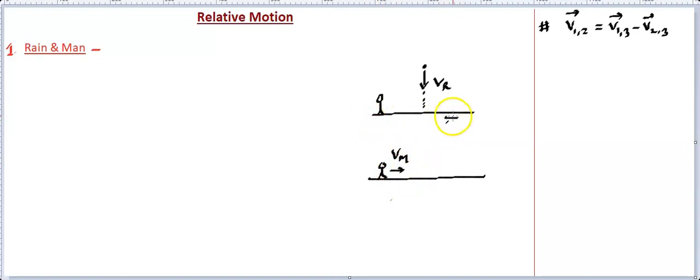Your observation in real life must have been that if you start moving in one direction, maybe running, or by a car or a scooty or anything, then the same raindrop which was coming vertically downward when you were standing will not appear to you to be coming vertically downward. Can you identify what direction you observe?